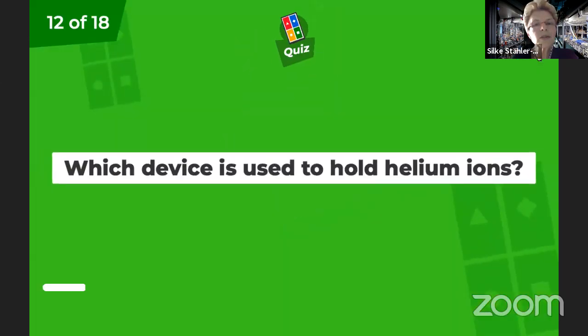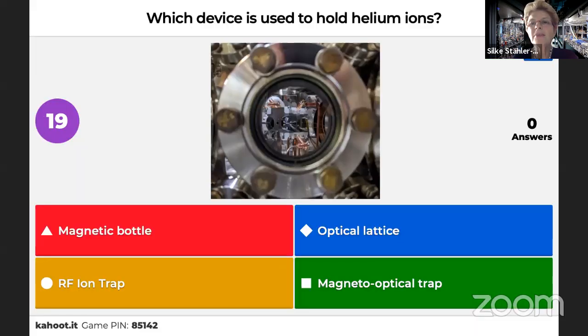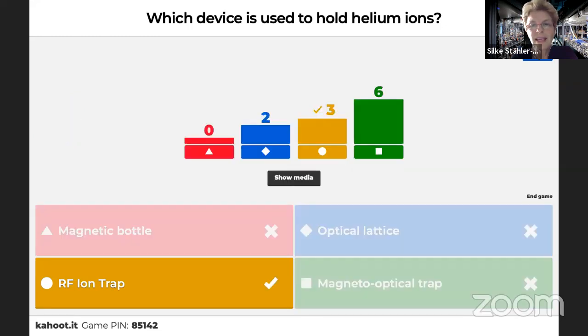Let's continue, question 12. Which device is used to hold helium ions? So where do the helium ions stay? 3 people were right, an RF ion trap.